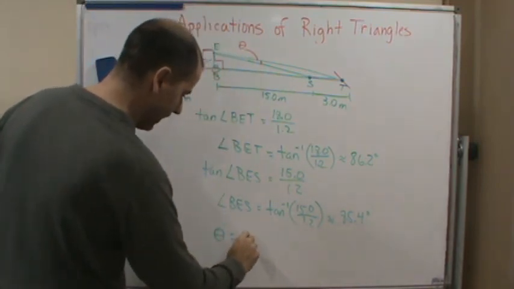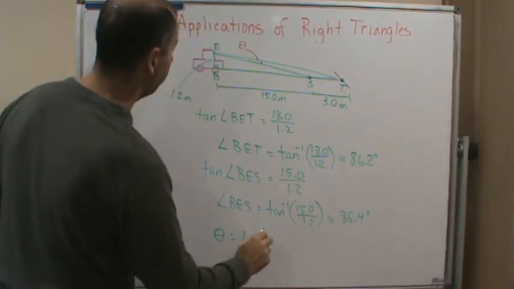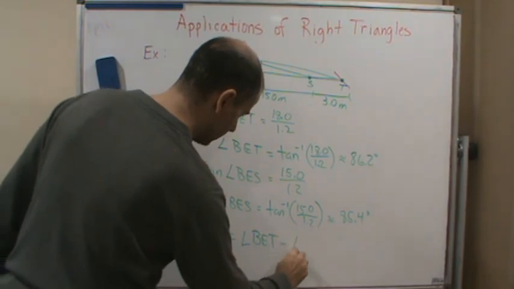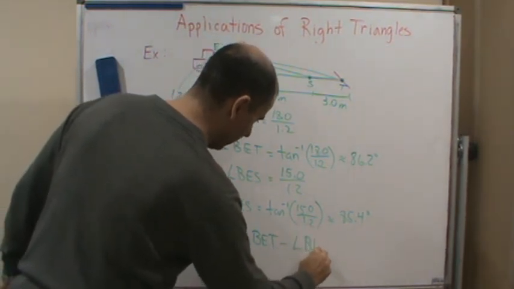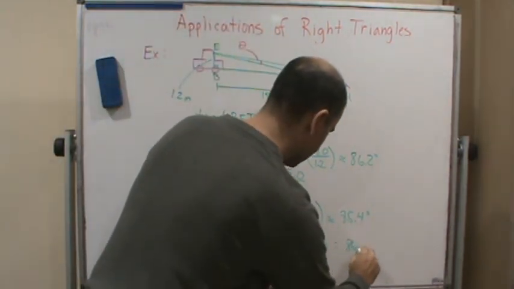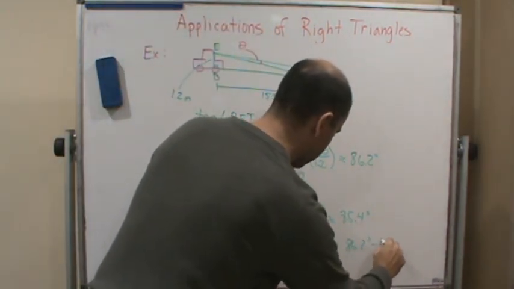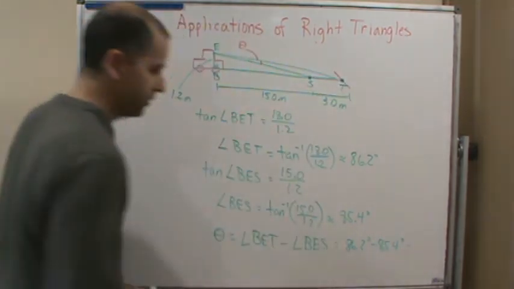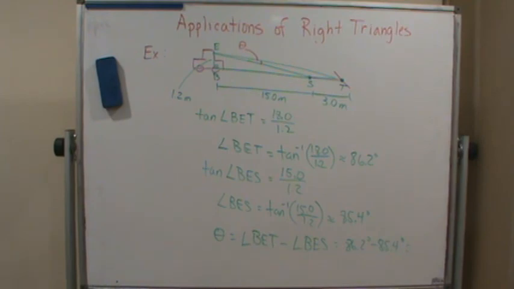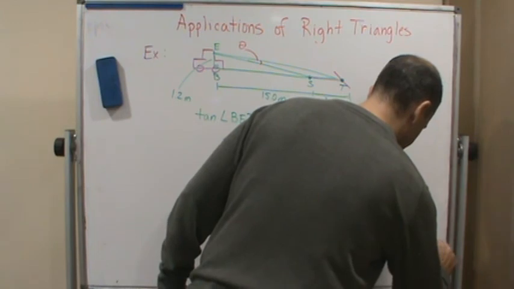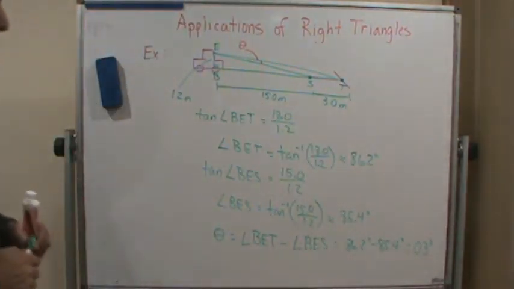So theta is angle BET minus angle BES, which equals 86.2 degrees minus 85.4 degrees. And so the angle theta becomes 0.8 degrees. That's one way to do it.